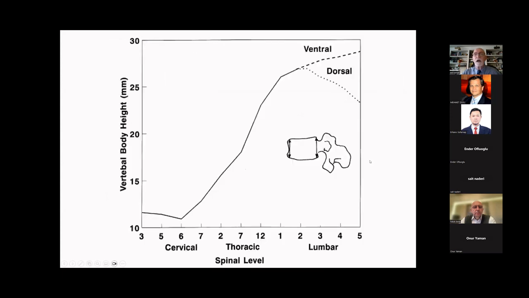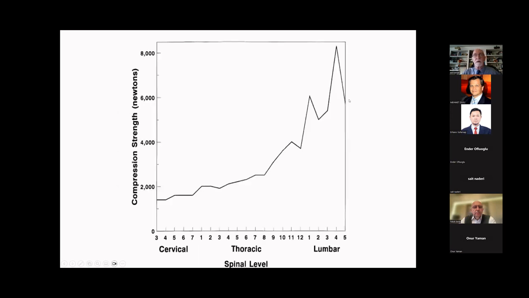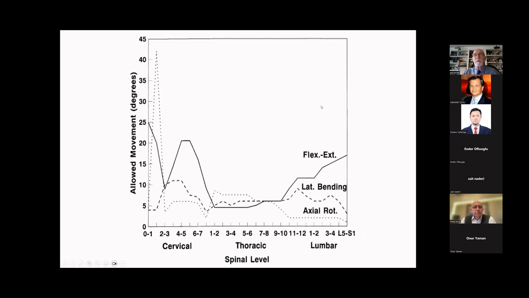Same with the ventral height, it begins to change, become a little bit smaller, the dorsal height, as we come down through the lumbar spine. Compression strength increases, but at L5, it's a little bit less than the spine above it.